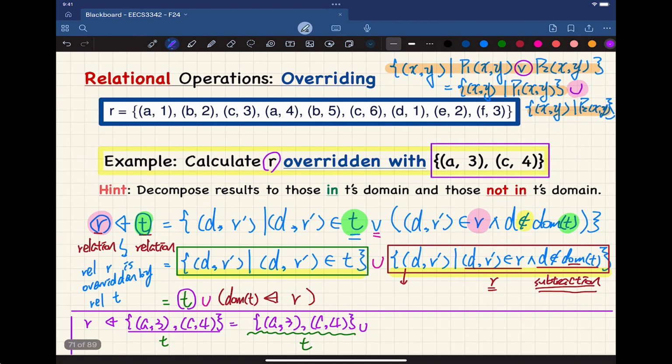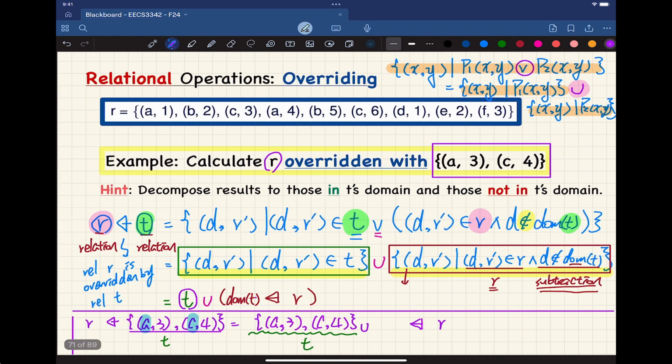It will be R, domain subtracted, the domain of T. What's the domain of T? A and C. Agree? That's the domain. So I'm going to put A and C.